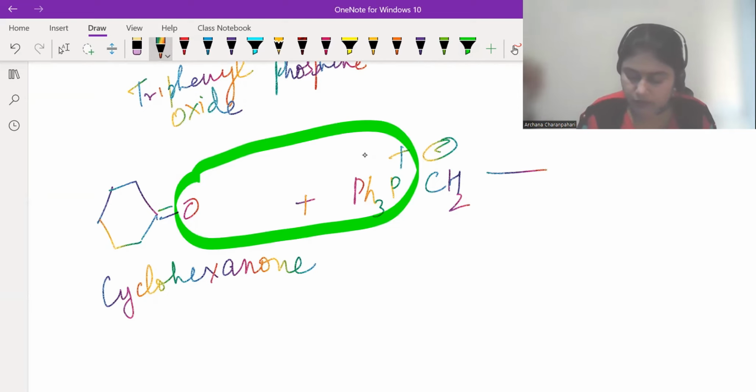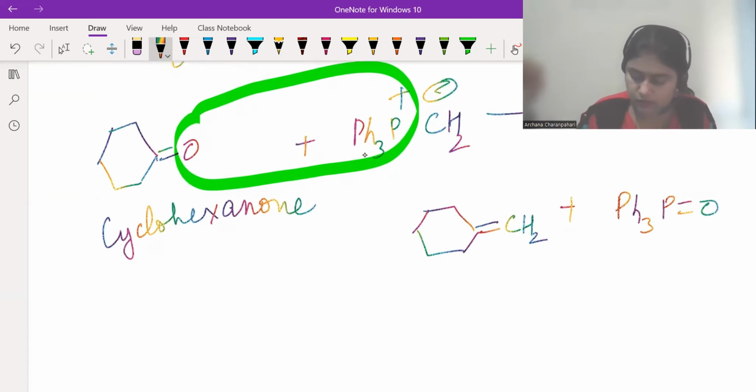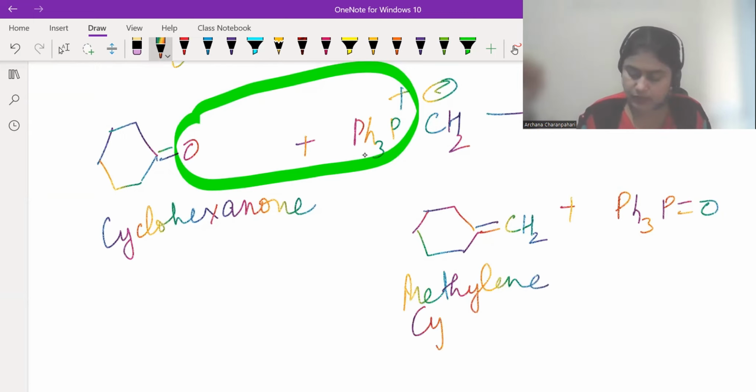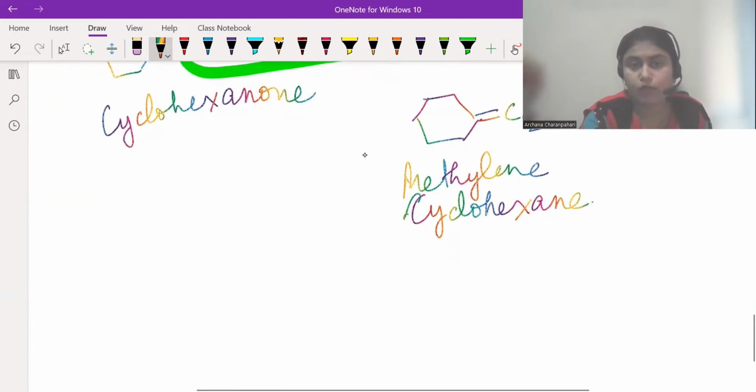So we will have double bond CH2 plus (C6H5)3P double bond O. This is known as methylene cyclohexane. So you have unsaturation from cyclohexanone, the ketonic group, where you could attach a methylene group to the cyclohexane.